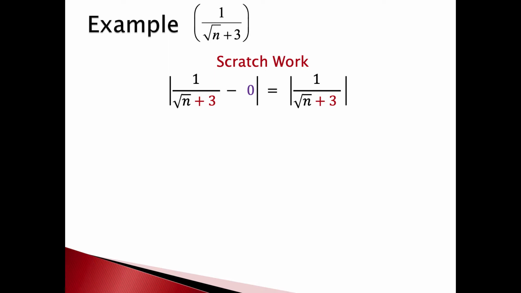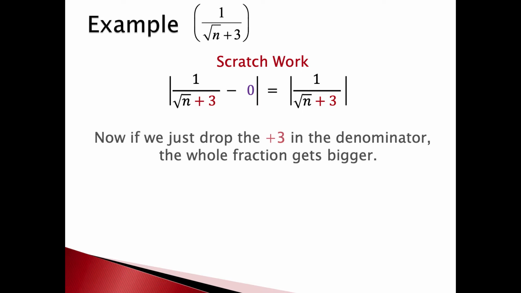Now, notice that I've highlighted the plus 3 there. The thing is, if you just dropped the plus 3, the whole fraction will get bigger. Because remember our rule, if you make the denominator smaller, it makes the whole fraction bigger. And that's what I need to do. I need to go less than, less than, less than, right?